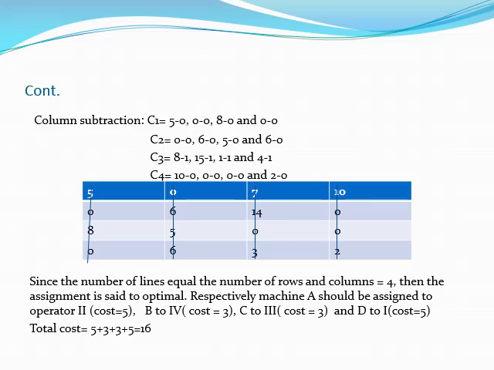So when we assign machine A to operator 2, B to 4, C to 3, and D to 1, we will get the minimum cost of assignment for 4 machines to 4 operators.